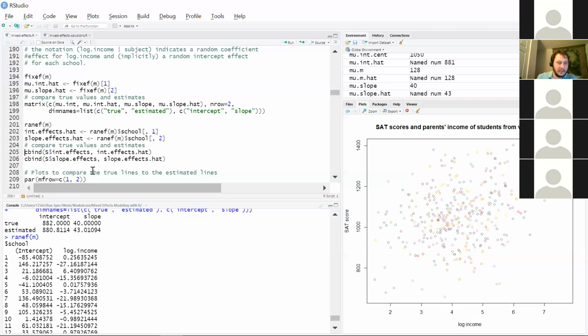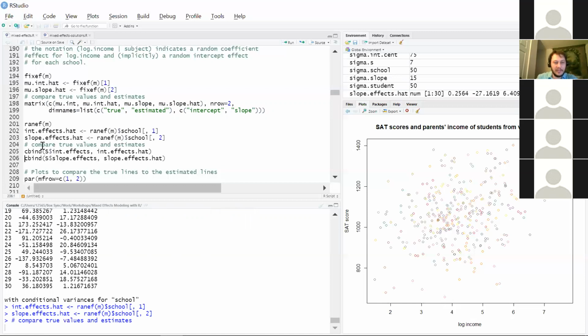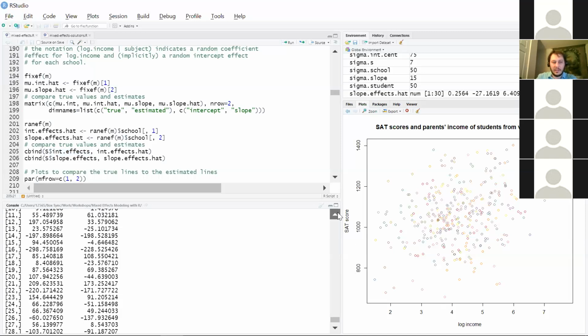Now I can also, well, okay, let's save them as more descriptive names, and I can just line them up next to the real values, because again, this simulation function that I ran gave me the real effects that are built into those lines that you saw in the plot.